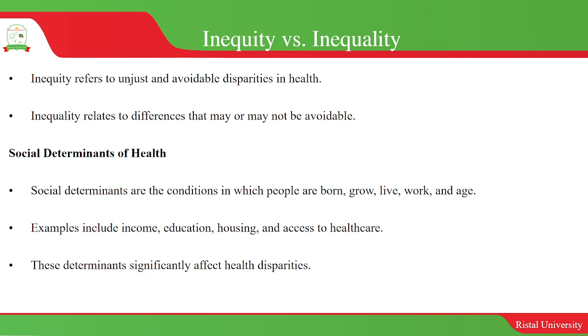Improving health is actually very difficult if you're not deliberate on ensuring that everyone actually has equal access to healthcare services. But in reality, you can have people who are having poor health outcomes because of decisions that are unjust or that are avoidable.